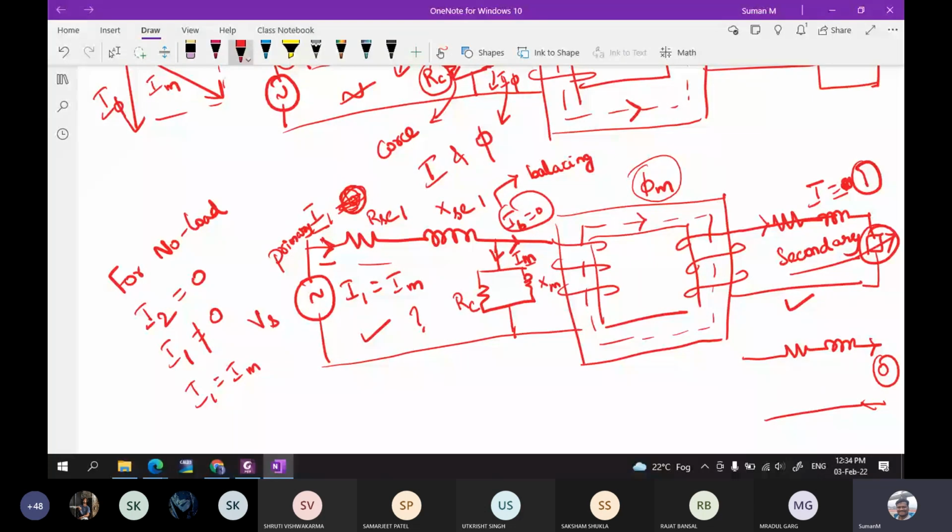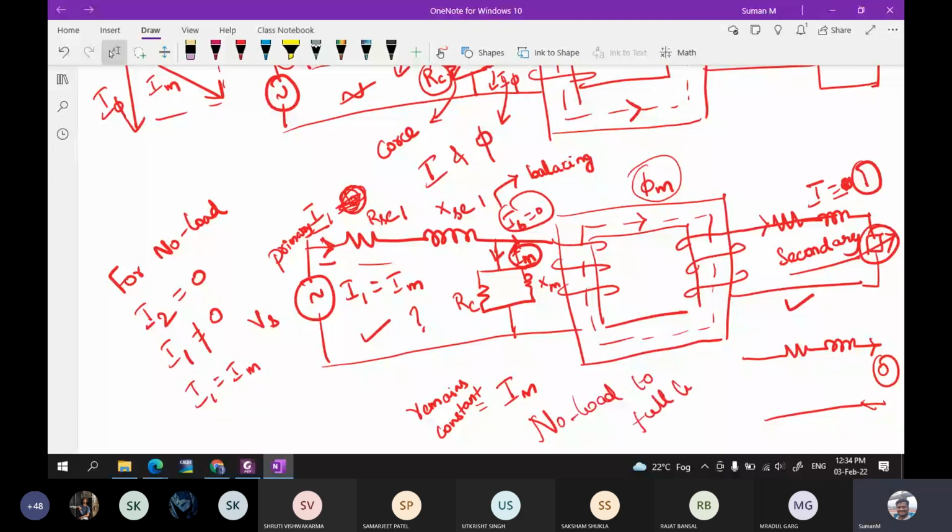Okay. So now I wanted to make one point very clear. The magnetization current Im remains constant from no load to full load on the secondary.